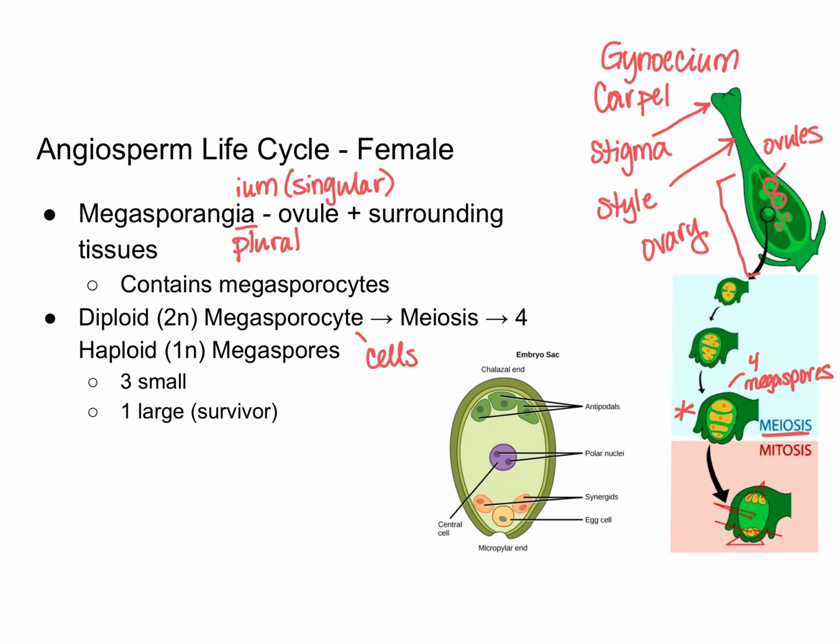Out of these 4 megaspores that develop, only one of them is actually going to survive and move on to the next stage of development. And I accidentally put this picture on the wrong slide, so you can ignore it for now and we will talk about it on the next slide.